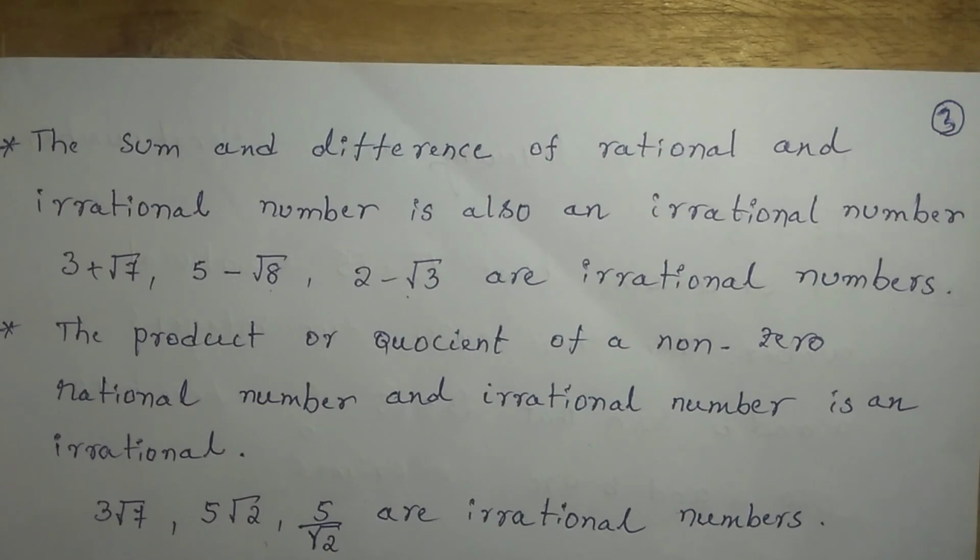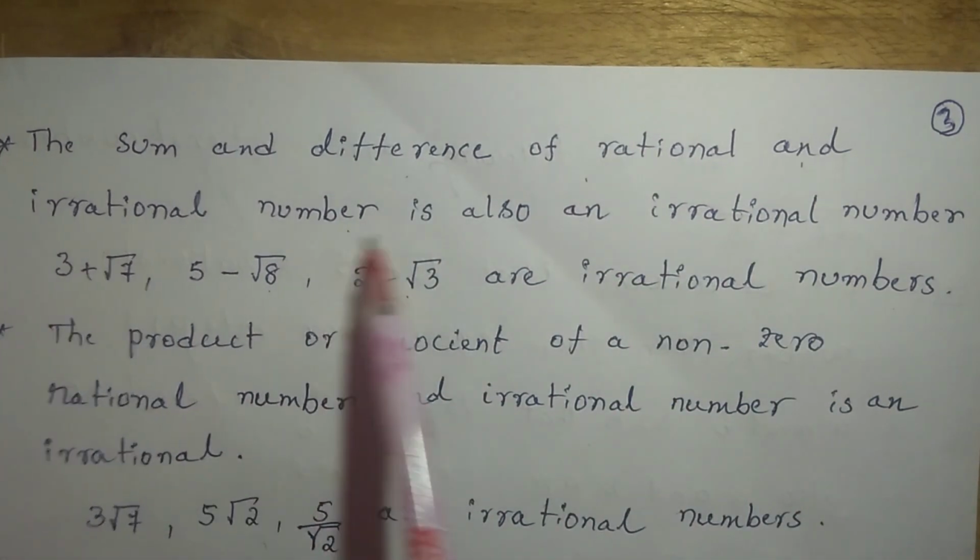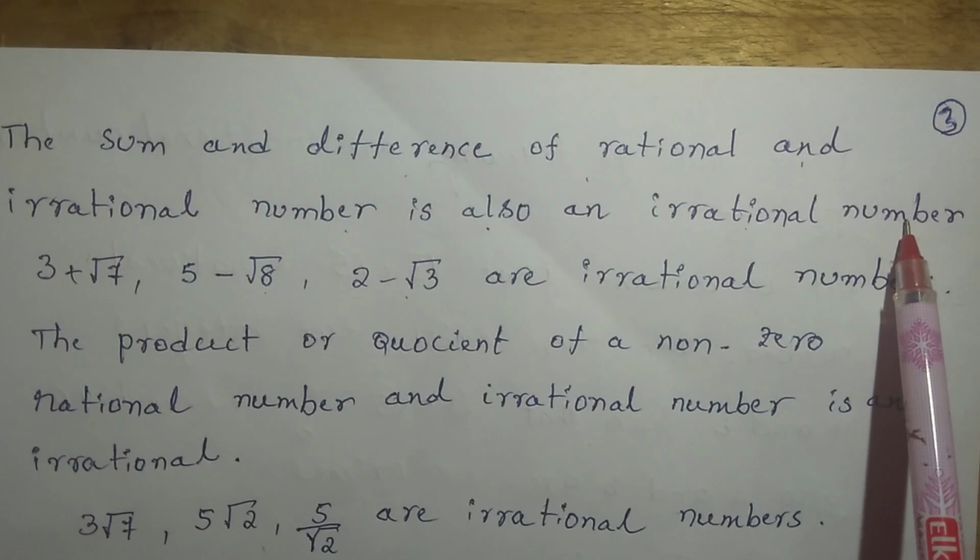Let us know some properties of irrational numbers. You can also learn these properties in your previous standard. The sum and difference of a rational and an irrational number is also an irrational number.